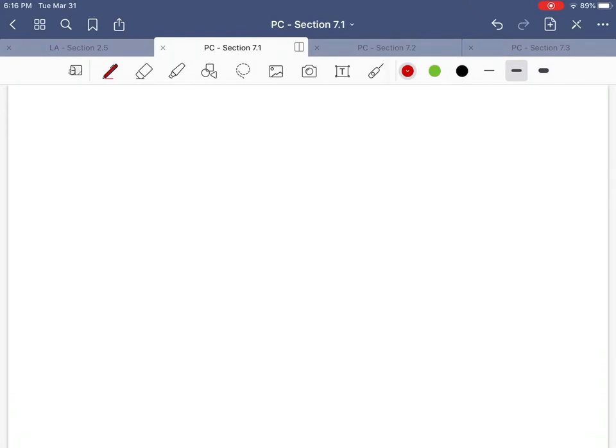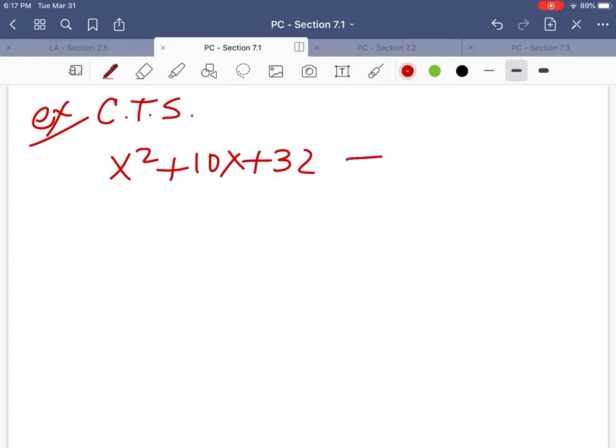This is kind of old knowledge called completing the square. If you had an expression like x squared plus 10x plus 32, and you wanted to put it in this type of format, (x minus h) squared plus k, hopefully you recognize that's the vertex form of a parabola. A couple of things are missing.